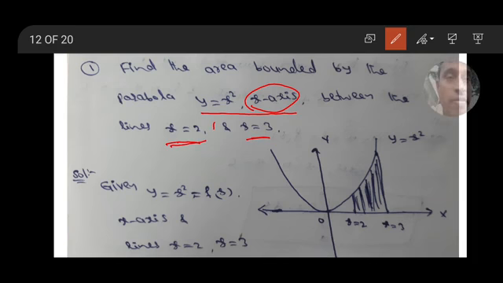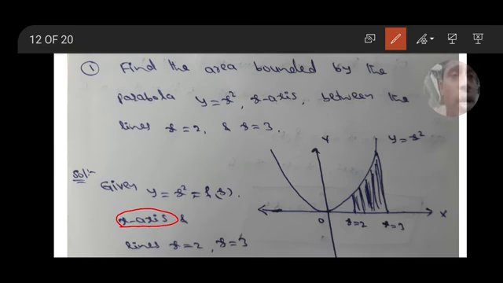So y equal to x square is f of x. The formula for the boundary with the x axis is area equals integration a to b of f of x dx, where y equal to x square is f of x.